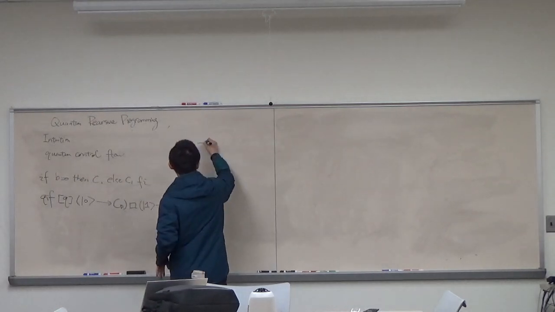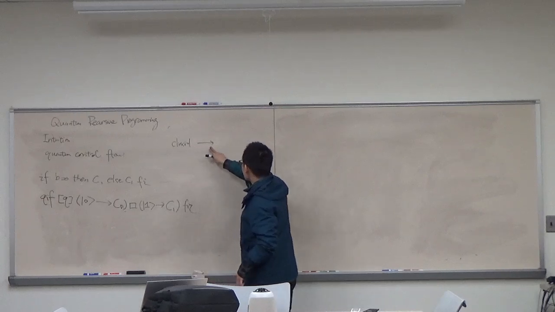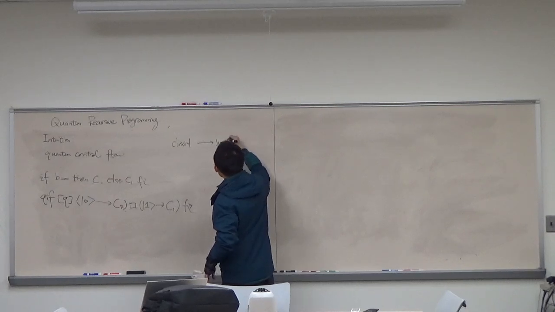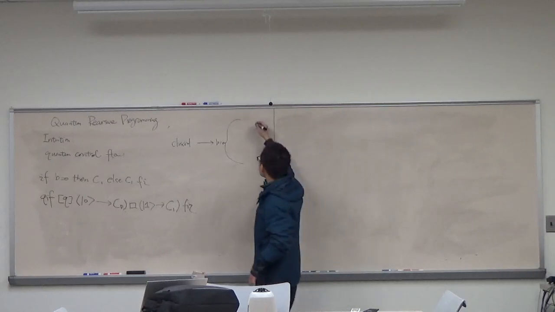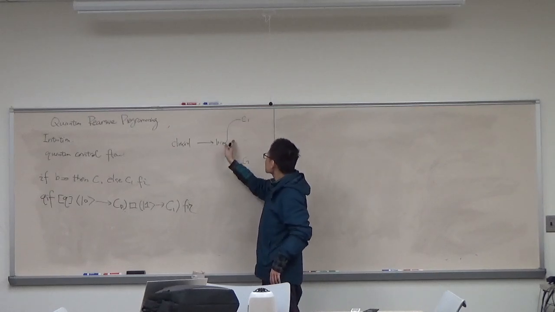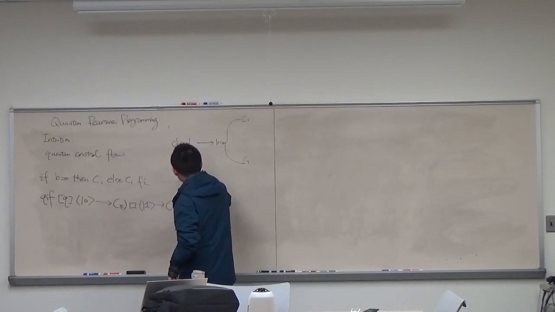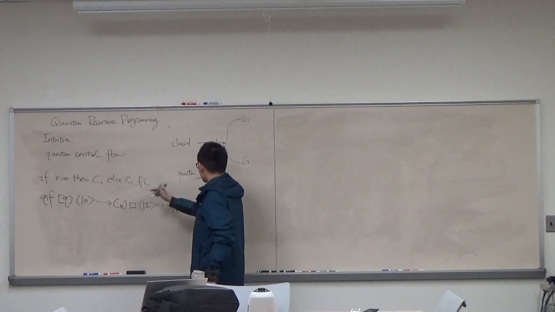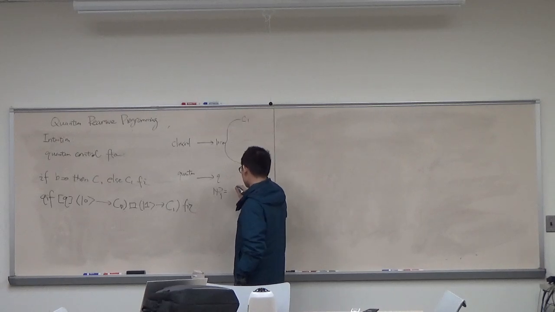In the classical if-then-else, the control flow arrives here, you check whether b is equal to 0, and then you only go one way into these two branches. Here is the first branch, here is the second branch. Classically, you just check this condition, and you only go into one of the two branches. But in quantum, the control flow arrives at this q, and q can have a state in superposition.